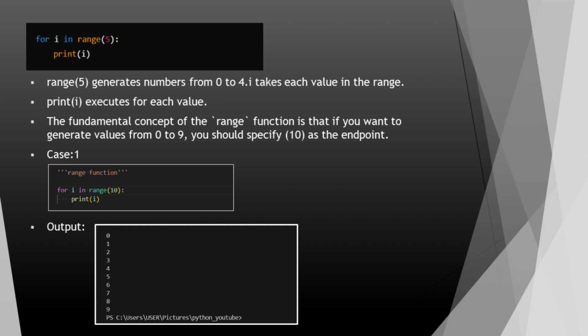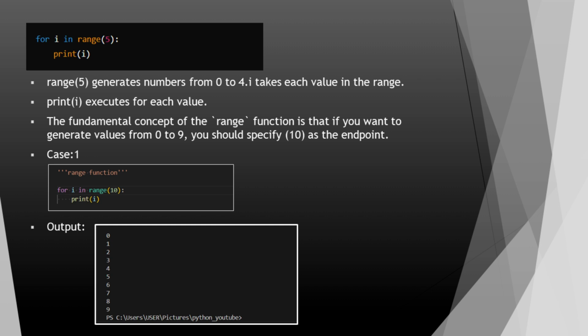So print i executes for each value. The fundamental concept of range function is that if you want to generate values from 0 to 9, you should specify 10 as the endpoint. That's the same thing I've told you about.